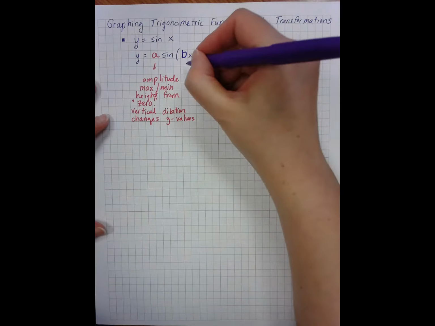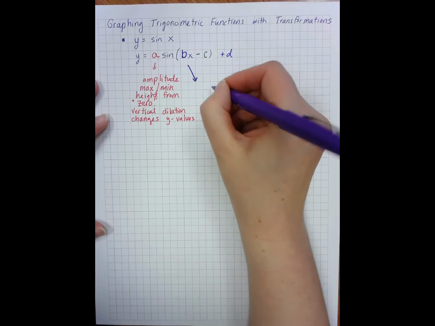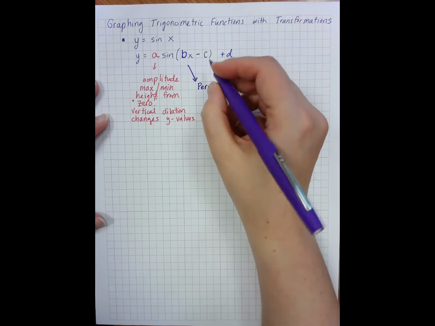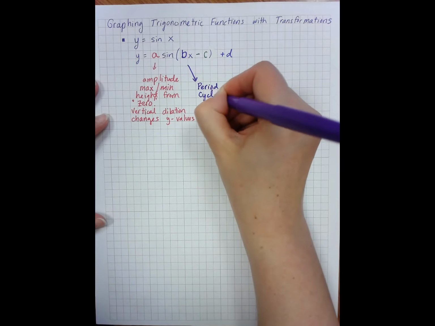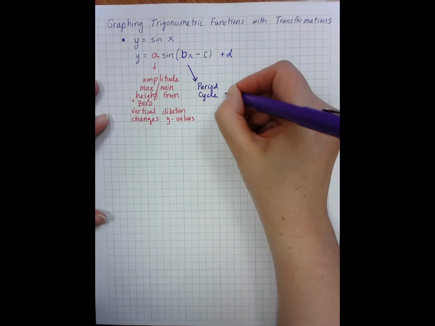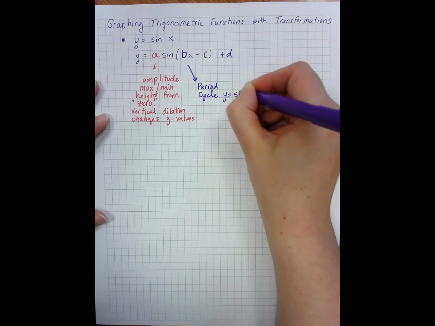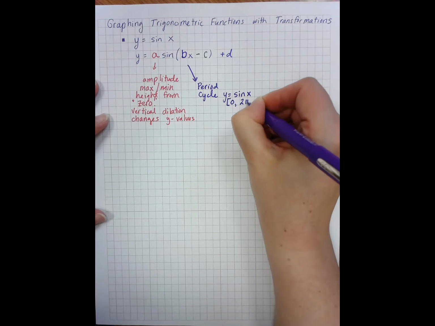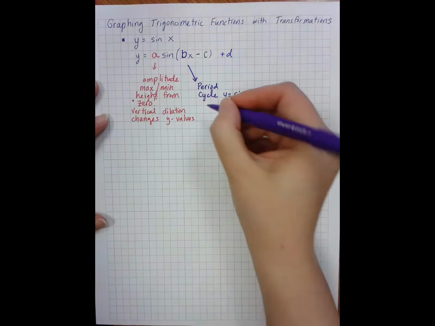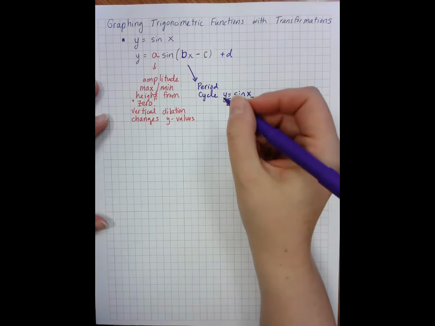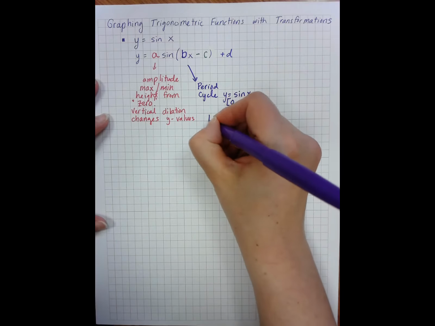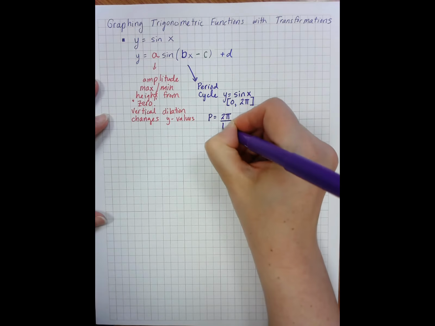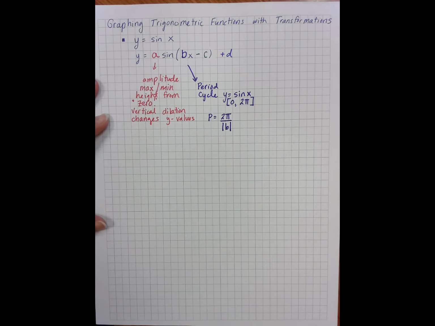Next, we have b. And the b is called the period of the function. And basically, it's the cycle. So for y equals sine x, a full cycle is from 0 to 2 pi. However, that can change. And so in order to get our period, we need to use the formula 2 pi over the absolute value of b.